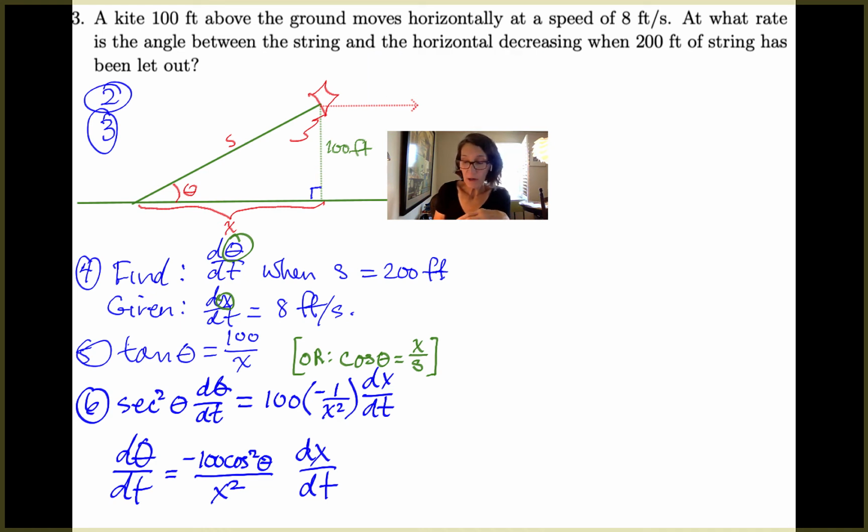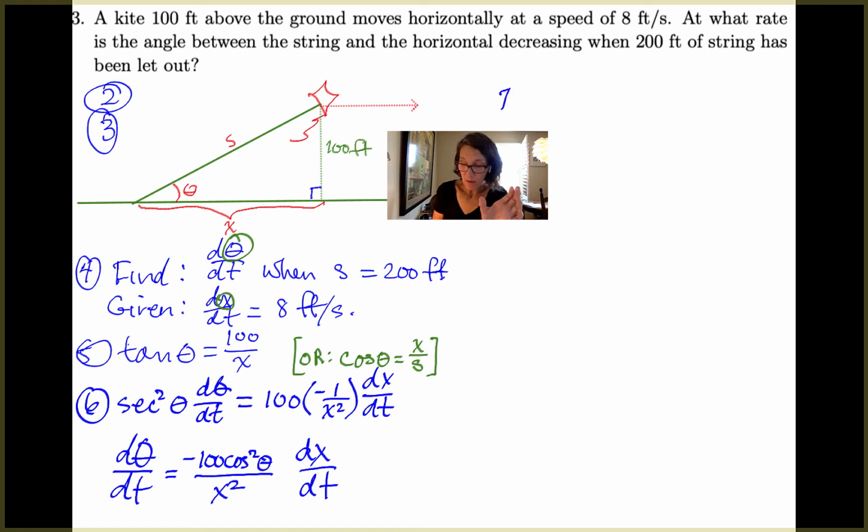All right, so now I can do step 7, which is to start plugging in. Notice that we don't have x, but we can find it. And we don't have the cosine of theta, but we can find it. So what we're going to do is draw that right triangle again, but at the moment when 200 feet of string have been let out.